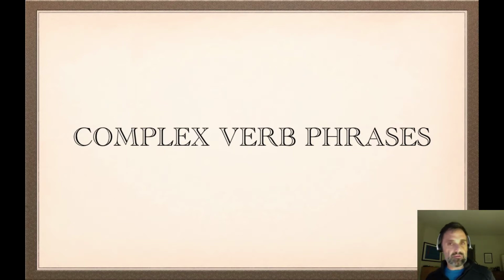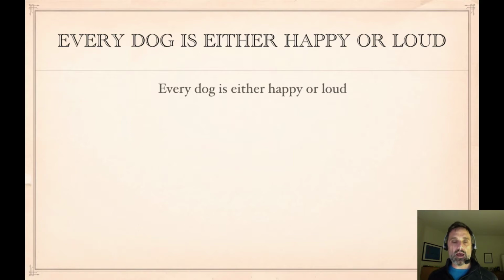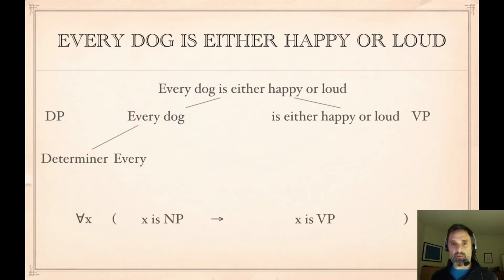Let's look at complex verb phrases. So, every dog is either happy or loud. Well, how do we break this? We have a determinative phrase, every dog, and we have a verb phrase, is either happy or loud. The determinative phrase gives us the determiner every, and every gives us this format: the universal, if x is the noun phrase, then x is the verb phrase.